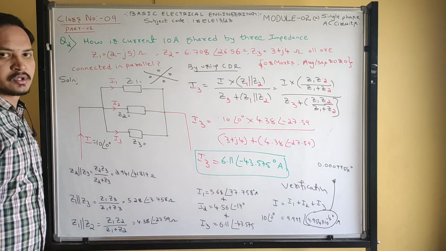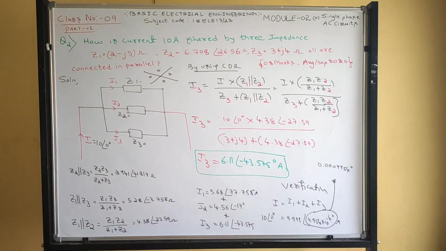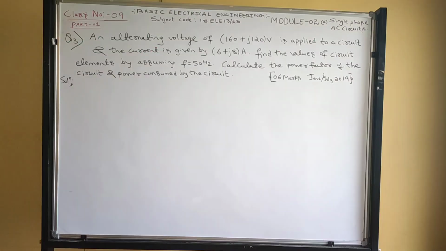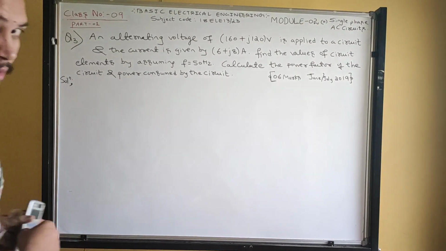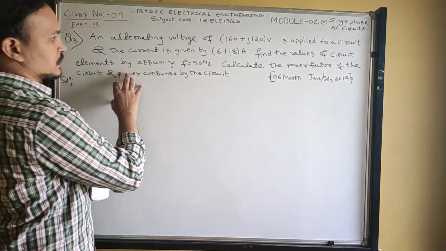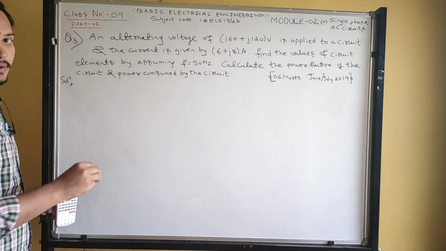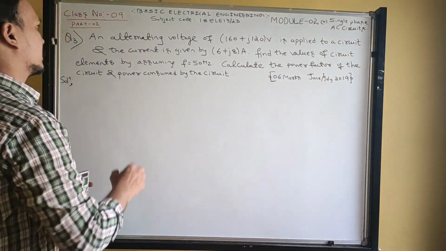Okay guys, next we can go to question number 3. This problem is very important. Next problem, question number 3. This question was asked for 6 marks in June-July 2019 by VTU, 18 scheme syllabus.